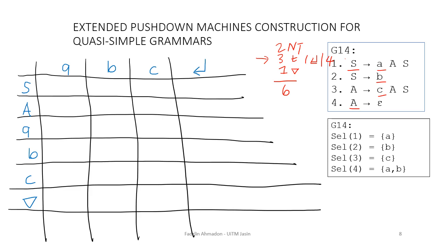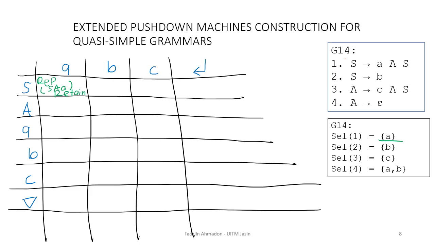Now we need to fill up the cells in our extended pushdown machine for grammar 14, and I'm going to start with rule 1. For rule 1, the selection set is A. So for the place of non-terminal S that meets A, I'm going to fill it up with replace S A retain.